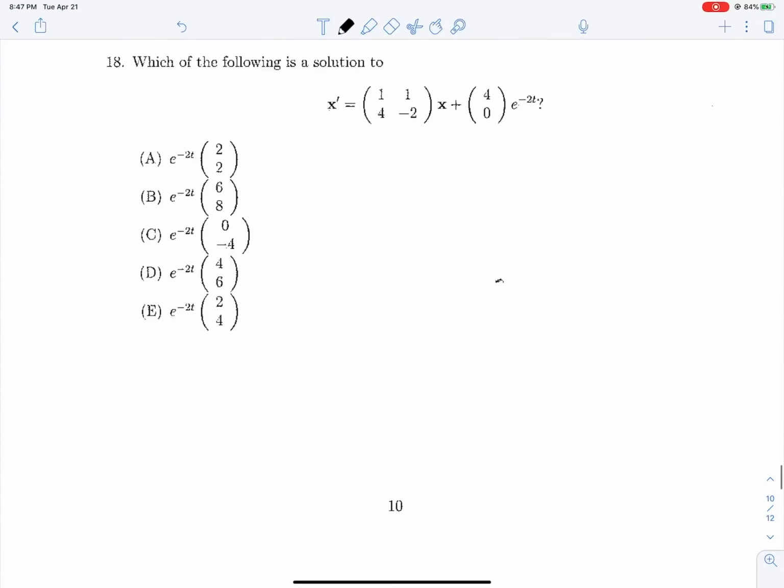Which of the following is a solution to this non-homogeneous system right here? So the guess that we're going to be making is a e to the negative 2t and b e to the negative 2t. And we would have to check to make sure that negative 2 isn't an eigenvalue for our homogeneous system here.